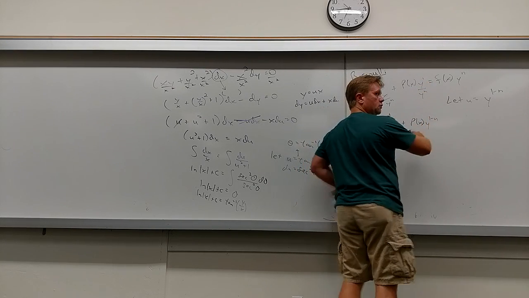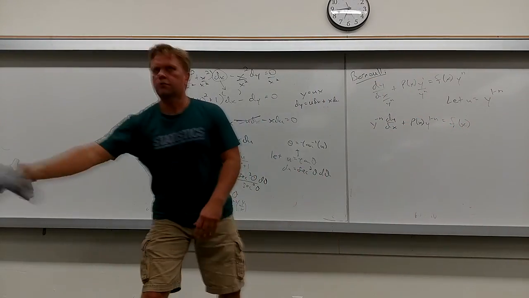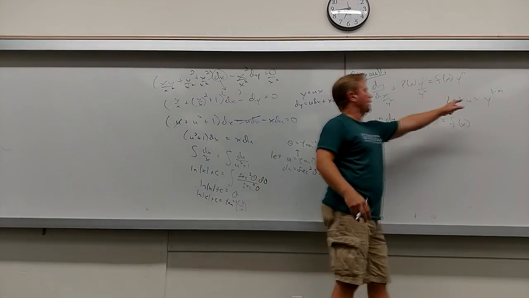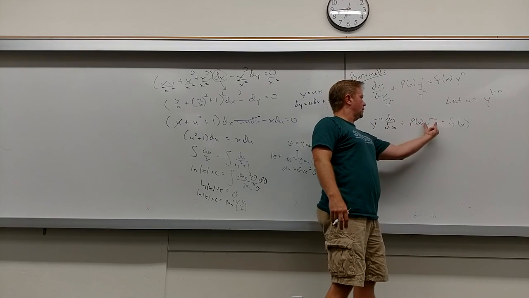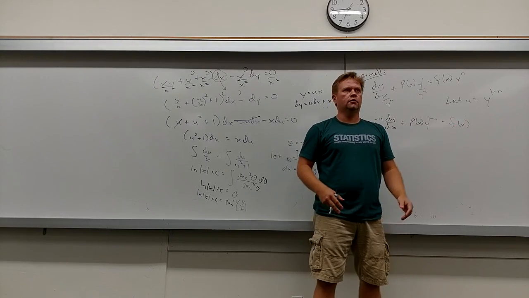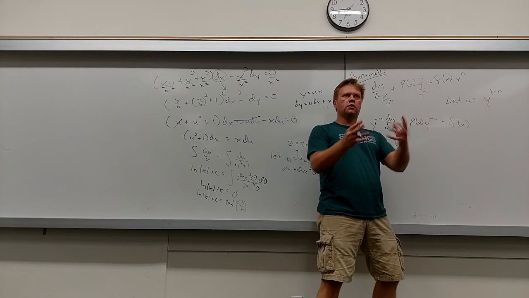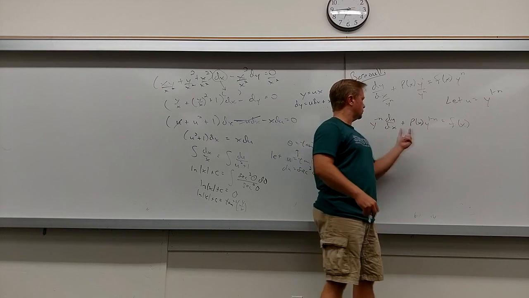Equals, whatever. So this shows you why that substitution makes sense. In order to be linear, I want this to be u. Or, I want it to be y, really, but y is taken, so I want it to be u. Then it looks like it might be linear.